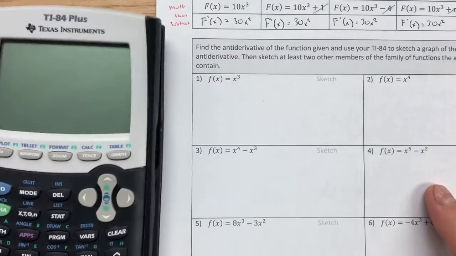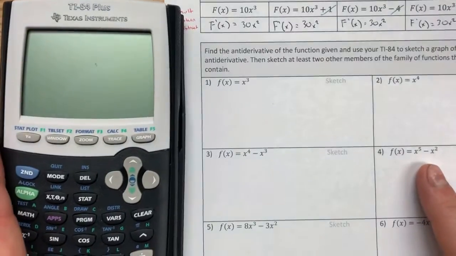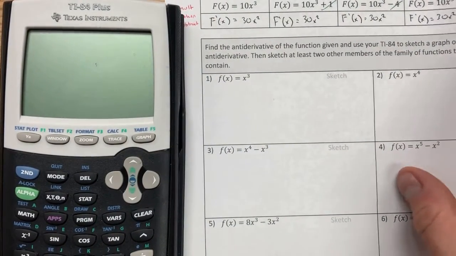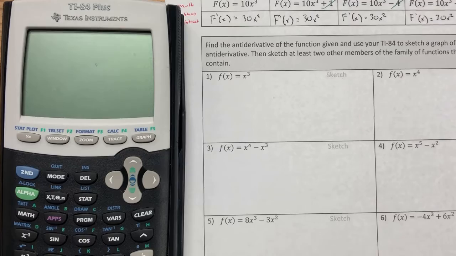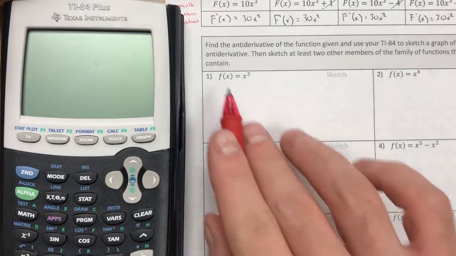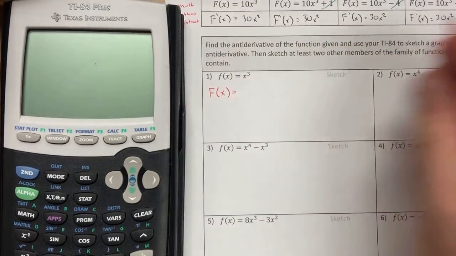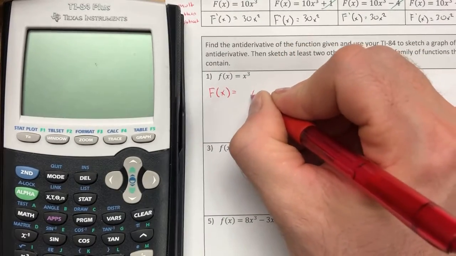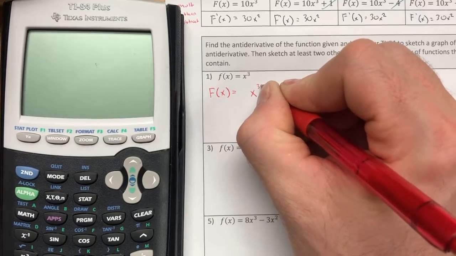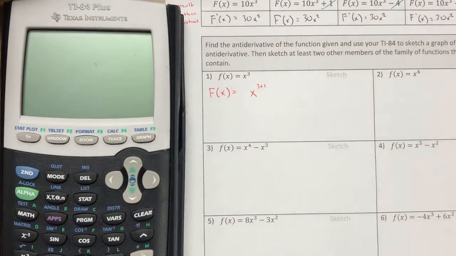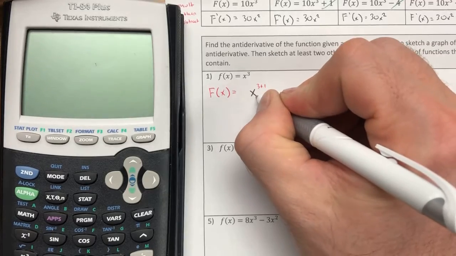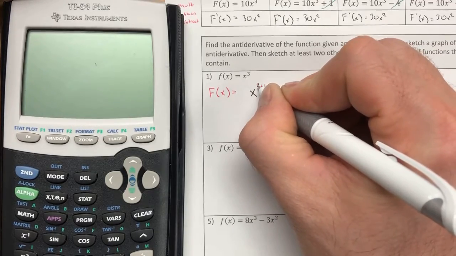So let's get our handy dandy T84 ready, and we're going to find the antiderivative of x cubed. We know that the antiderivative means that that's going to be x to the 3 plus 1. Actually, I'm going to write this in black because these are the parts that we don't change.